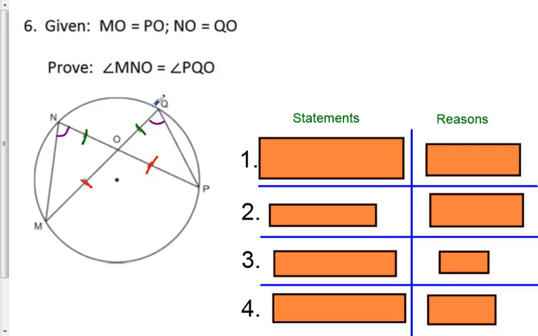So this is the angle that we're trying to show. We don't know it yet for sure. That's what we're trying to prove is equal, or are congruent to each other.